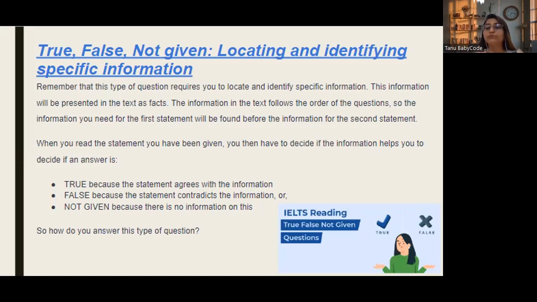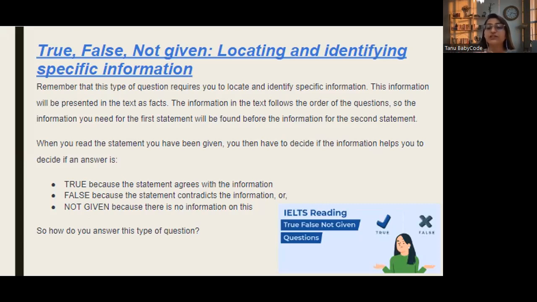So basically, you will have a list of statements, and you have to see which statement is true, which is false, and which one is not given. In these types of questions, you need to locate and identify the specific set of information, and this will be presented in the text as facts, right?